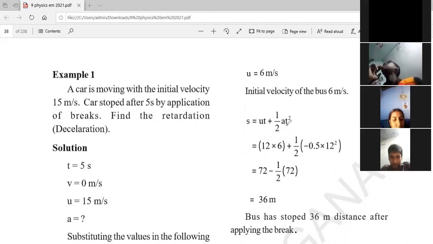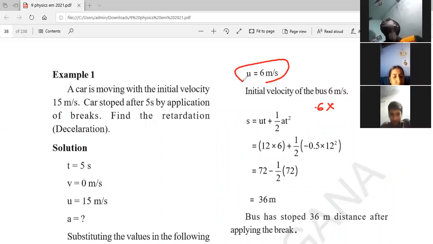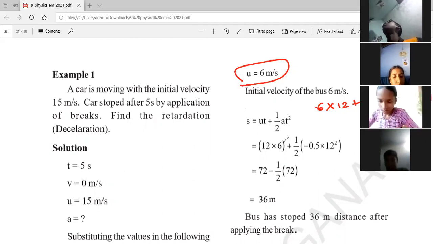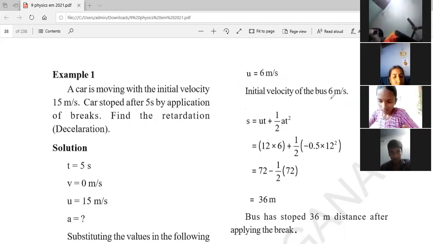Substitute all the values. s we don't know. u we know is 6, and t is given 12 seconds, plus half, a value is minus 0.5, into 12 square. So 6 into 12 is 72, plus half into minus 0.5 into 12 square, which is 144.